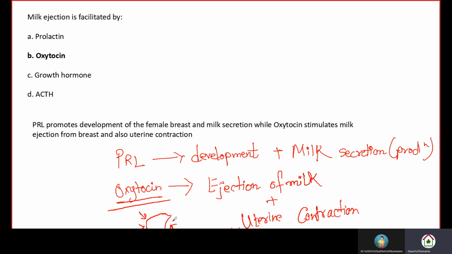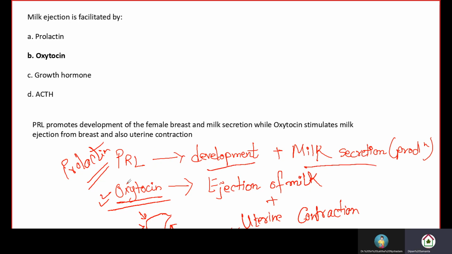So when the lobules of the breast are contracted, what happens? Milk is ejected. So it is brought about by oxytocin. And PRL, prolactin, makes things. In simple language, it helps in development of breast and manufacturing milk.